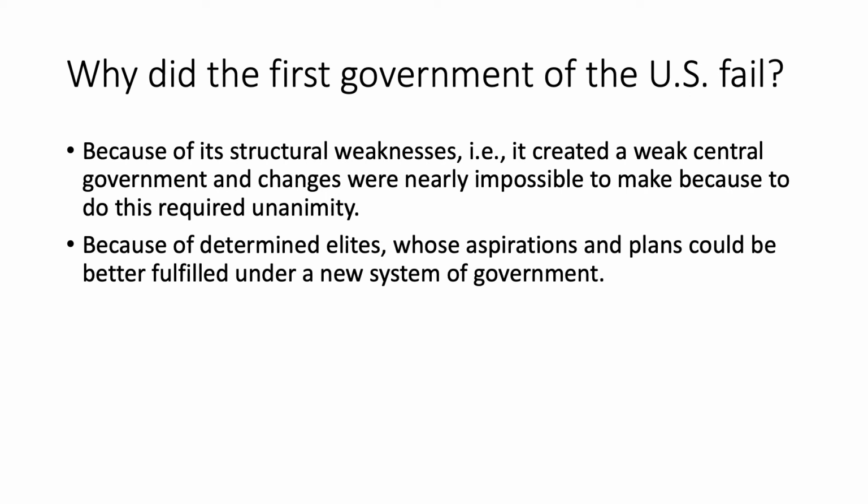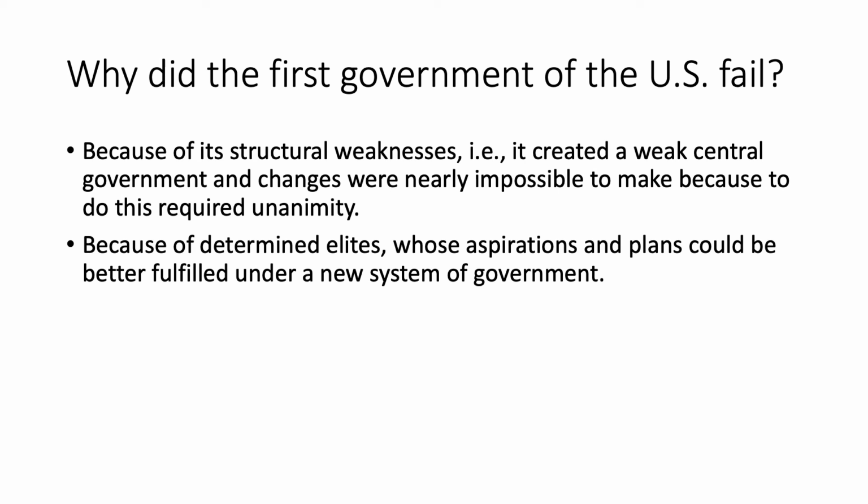Some people began to talk about replacing the Articles of Confederation with a whole new document, which is what happened in Philadelphia in 1787 when a new constitution was drawn up, contrary to the purpose for which the states had actually sent delegates to that convention. They sent them to make changes to the Articles of Confederation, but the convention actually didn't do that. It proposed a whole new document.